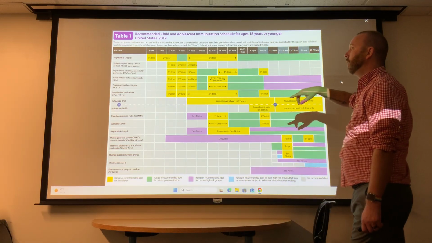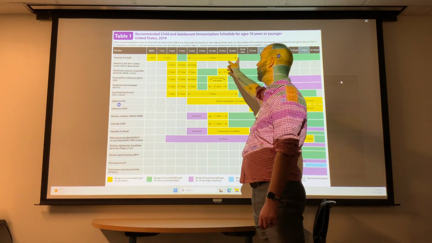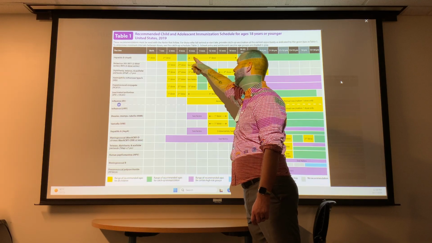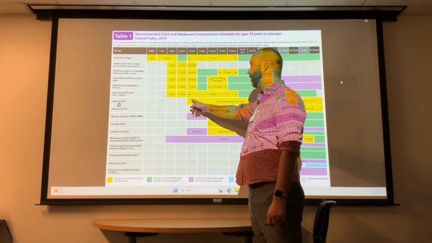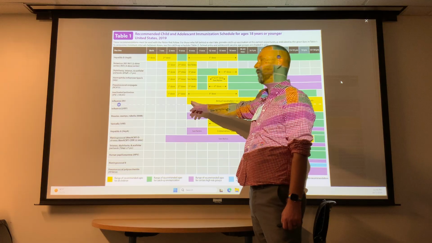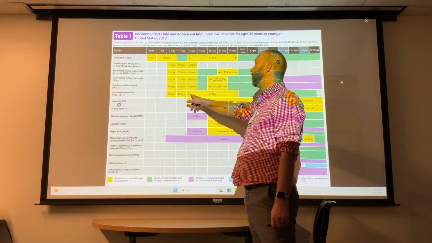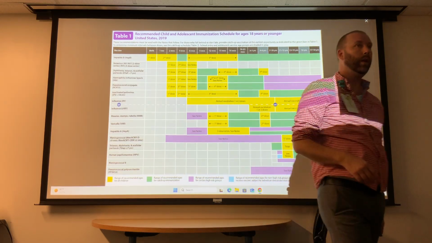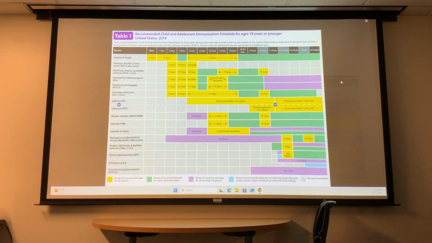Same with Hep B again at 6 months: see how there's a range and it starts at 6 months, but there's a whole bunch of other ones that start here as well and can be given there. Your IPV is also going to be given at 6 months, okay? Does that make sense? Clear as mud?